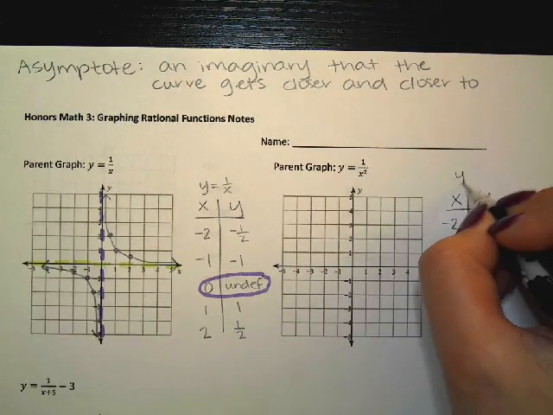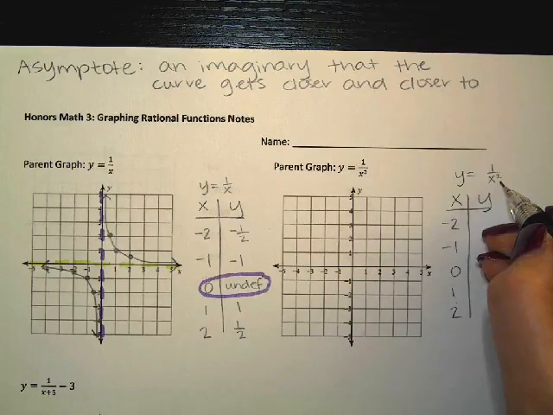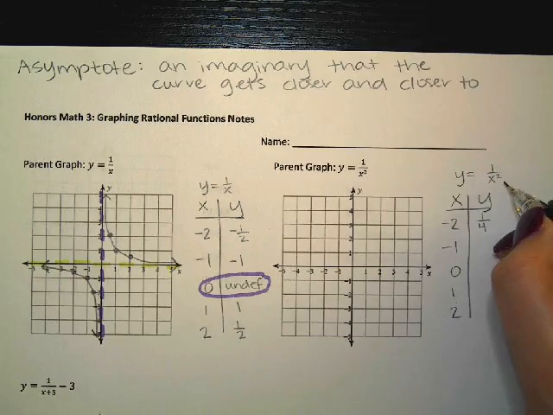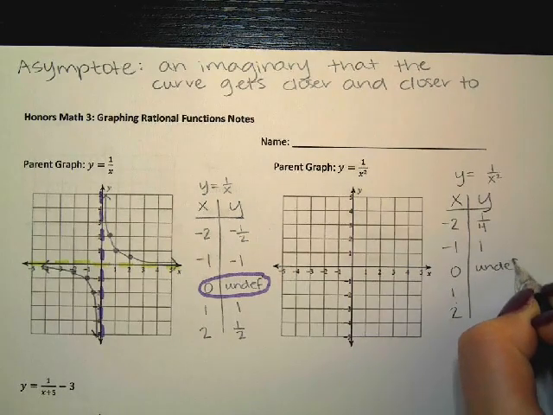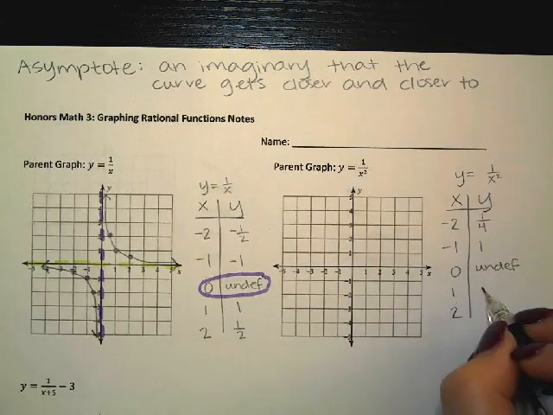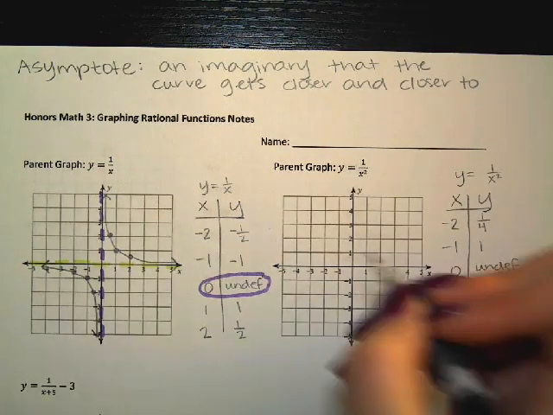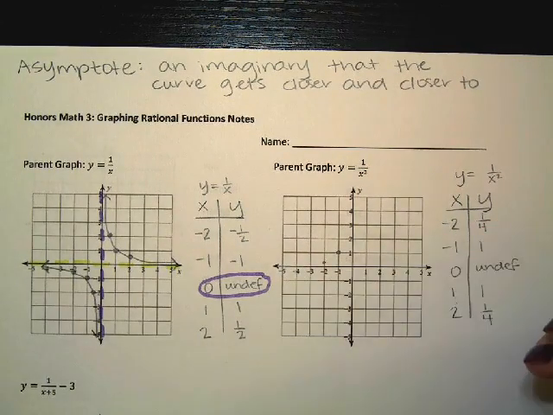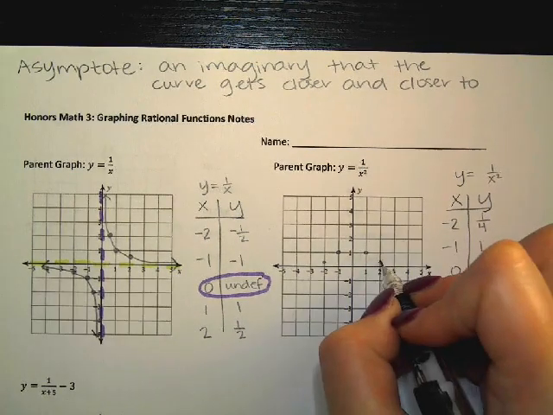If I have y equals 1 over x squared, 1 divided by -2 times itself would be 1/4. 1 divided by -1 times itself is 1. 0 squared is going to give you an error message, so that's going to be undefined. 1 divided by 1 squared is 1. 1 divided by 2 squared is going to be 1/4. So left 2 up 1/4, left 1 up 1, undefined, up 1, right 2 up 1/4.